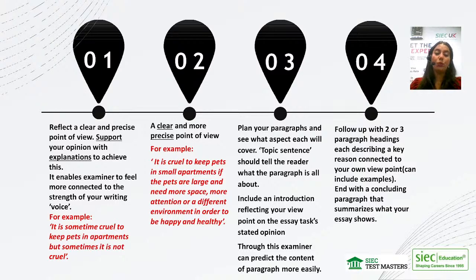And once you include the introduction, you are able to give your statement very clearly, right? And this is how the examiner can understand how you as a candidate are going to attempt the paragraph, right? This is very important.